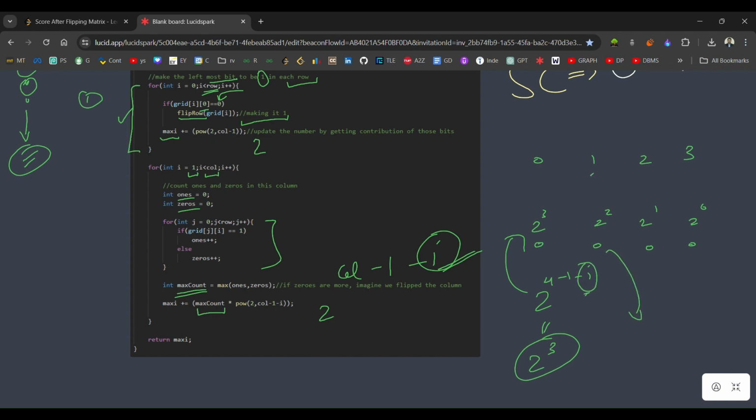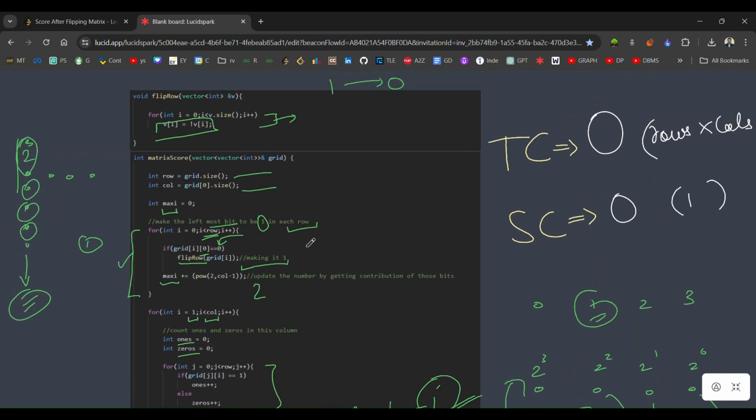Then i will become 1 and this 3 will become 2, so 2 raised to power 2. Similarly, this will be 2 raised to power 1 and this will be 2 raised to power 0. So this will take care of that and I'm multiplying 2 raised to power that value with this maximum count. At the end, max C will be storing the answer and I'm simply going to return that, right?